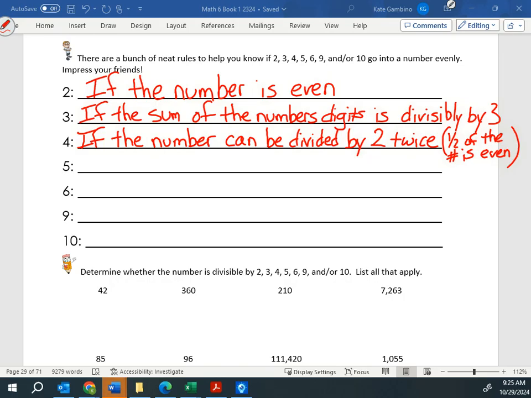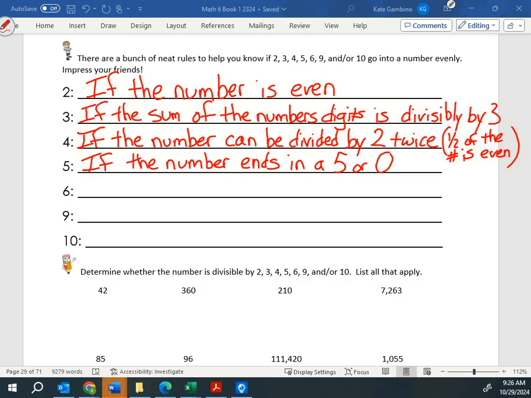Emma? If the number ends in a 5 or 0, it is divisible by 5.